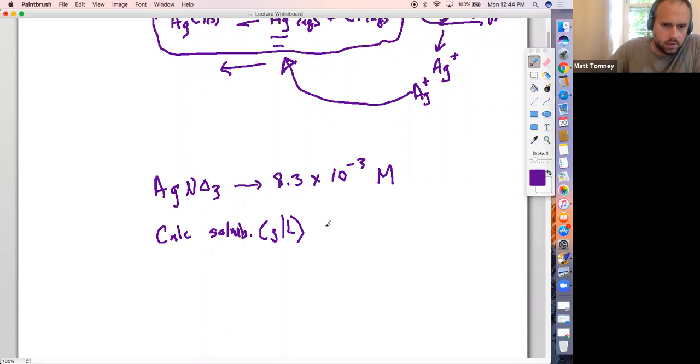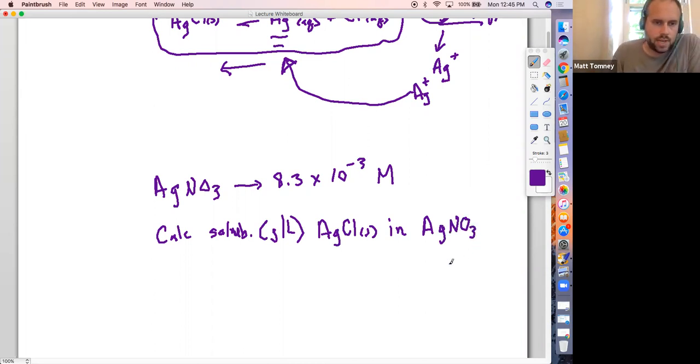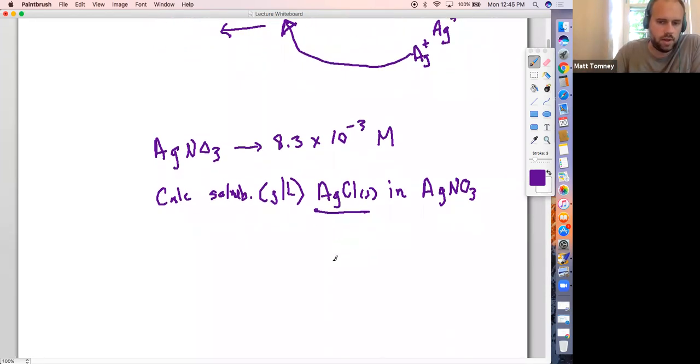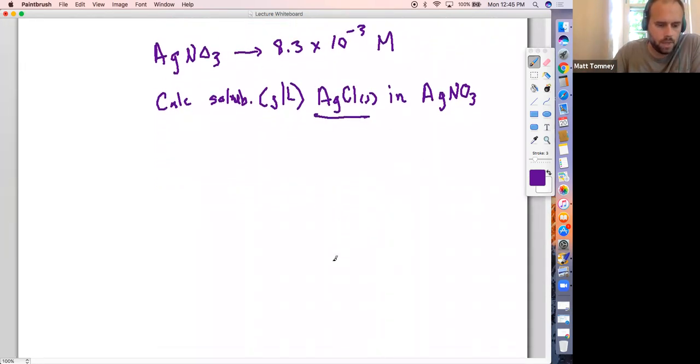We're going to calculate the solubility of silver chloride in the silver nitrate solution. All right, so I've got a solution of silver nitrate at 8.3 times 10 to the -3rd molarity. And then I want to calculate what would be the solubility of the silver chloride in that silver nitrate solution. That's what I just theoretically walked through in the image above with the equation, okay?